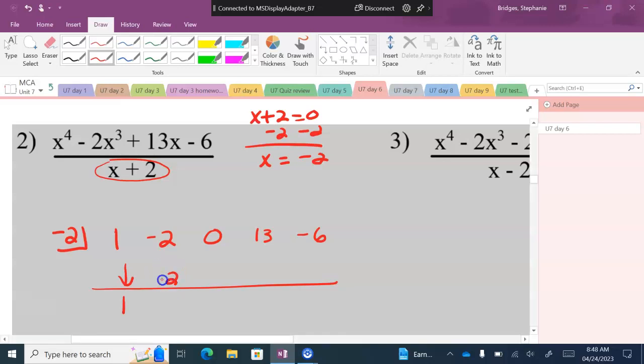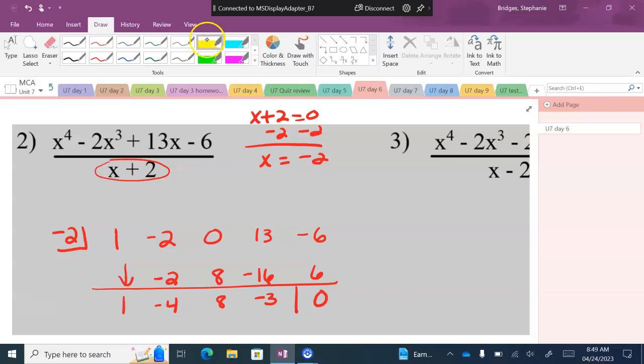We multiply, we add, multiply, we add, multiply, add, multiply, add. Did everybody get the same numbers I did? 1, -4, 8, -3? Okay.